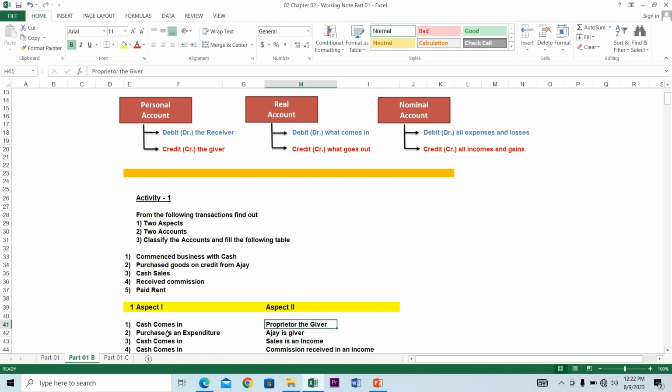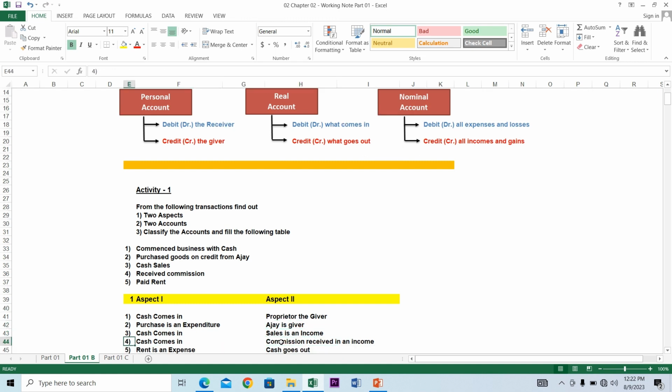Okay, so now second thing, purchase goods on credit from Ajay. Aspect 1, purchase is an expenditure, aspect 2, Ajay is the giver. So these two aspects we must understand first, then only we can give the entry effect. Now the third point is cash sales. Aspect 1, cash comes in, and aspect 2, sales is an income.